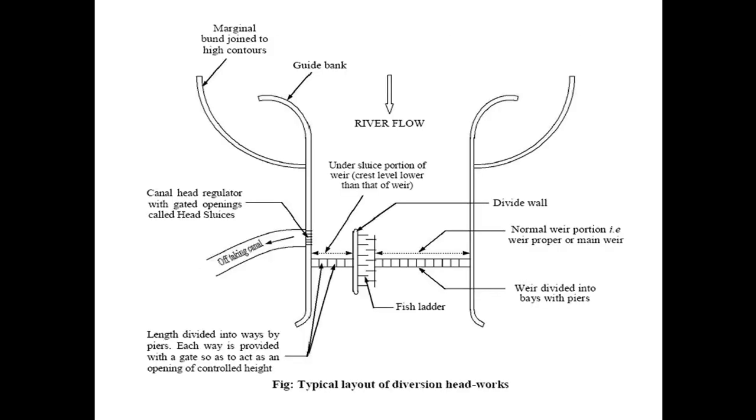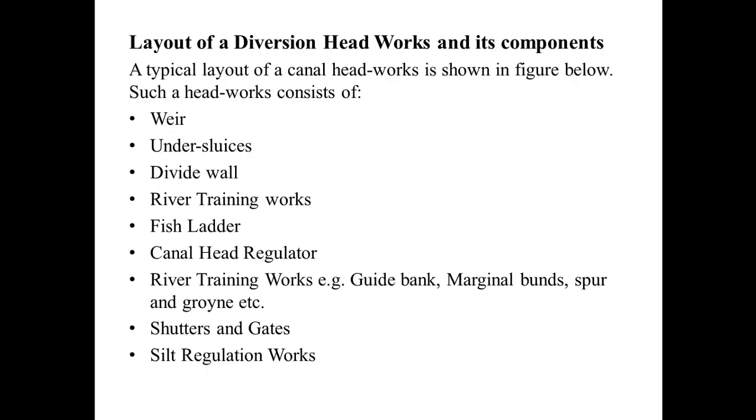Here you see the figure of a typical layout of a diversion headworks and its components. Such a headwork consists of different components. These components are pier, under sluices, divide wall, river training works, fish ladder, canal head regulator, river training works.